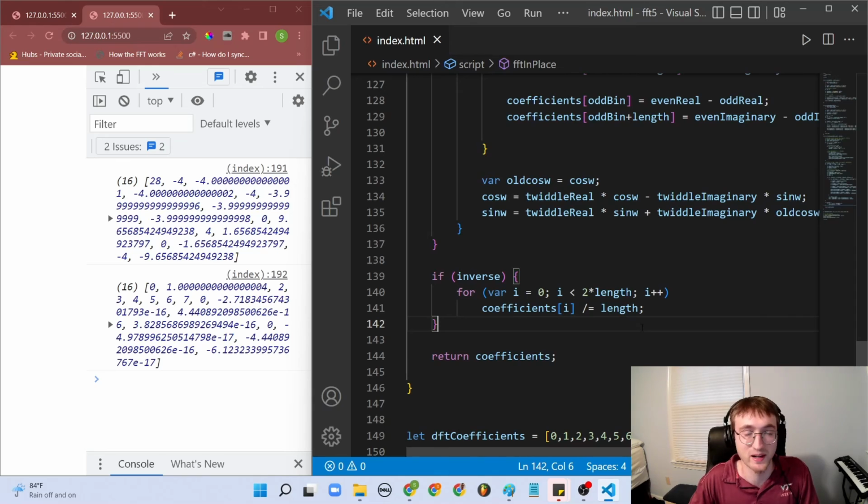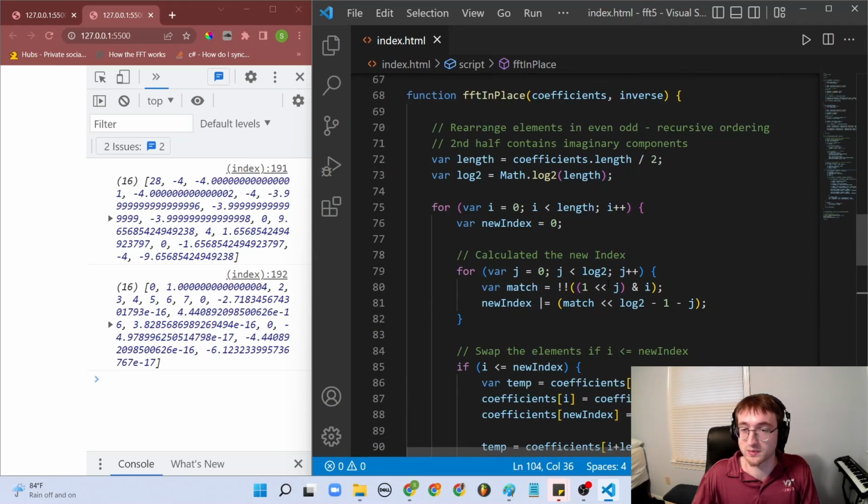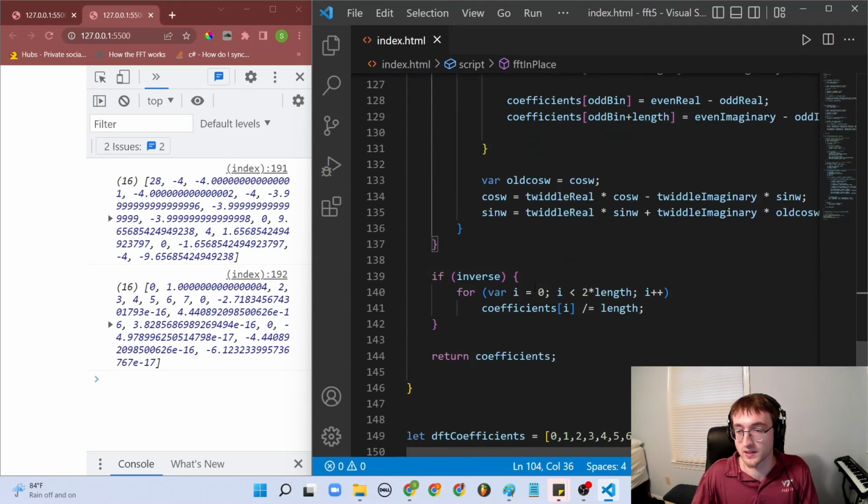I know a lot of people may not actually be interested in this, but I was really sort of fixated on figuring this out and looking at a lot of scholarly stuff. And it took a while for it to click, but I hope I showed you guys a unique perspective on the Fourier transform and the fast Fourier transform. And also giving you some useful tools, specifically with this in-place algorithm.